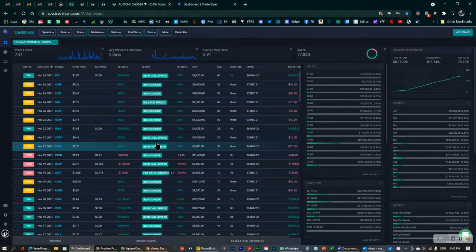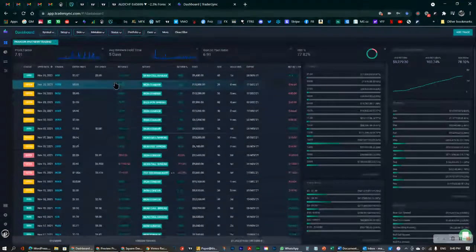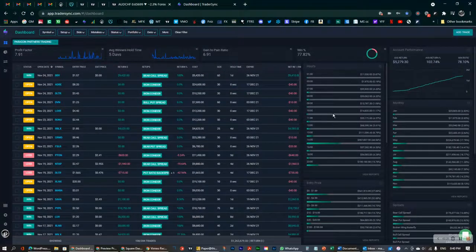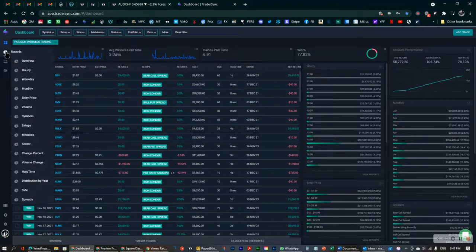What time period of the chart you should be trading on, because you can also go in there. You can choose to have it show the chart you traded on, so 15, hourly, whatever, and then it separates. You can go in and see your results.